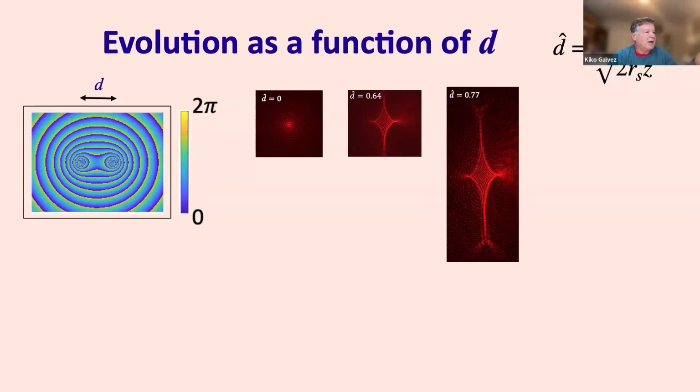Here I'm showing not the exact separation, but a scaled separation. So this is d divided by this quantity, which is the Einstein radius. If it were a point source, we would see an Einstein ring, so the radius of that ring is this quantity here, the square root of 2 times the Schwarzschild radius, and z is the distance.